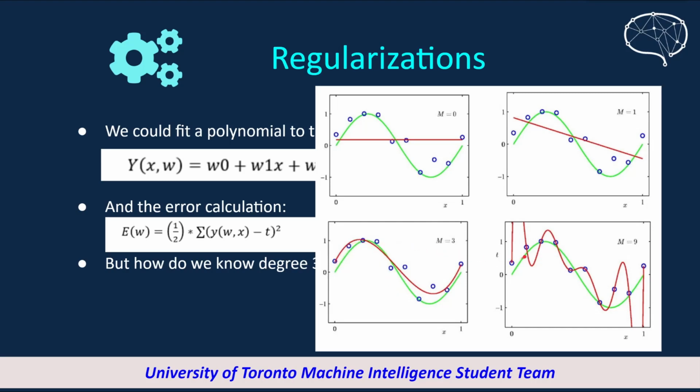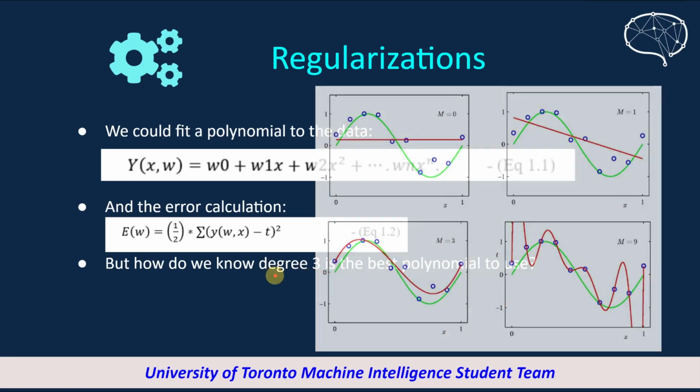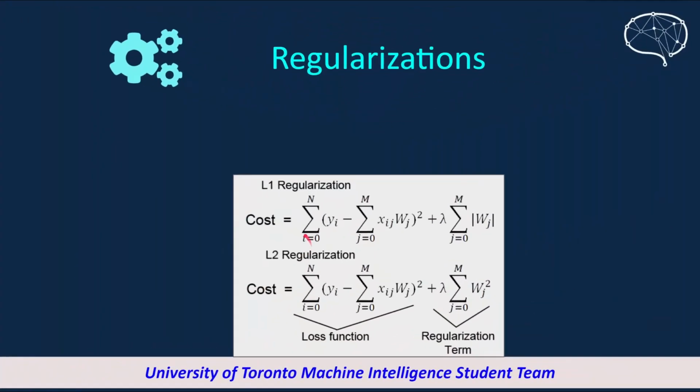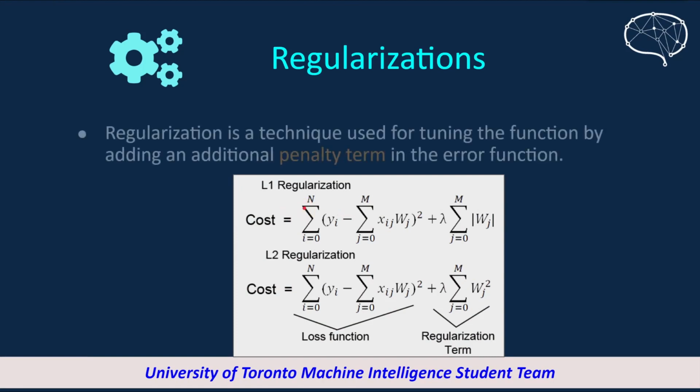So how do you minimize the coefficients for the terms of degrees from 4 to 9, and make the model simple, but not as simple as the 0th degree or the 1st degree? Those models are just too simple. But how do you do that? The technique here is that we could add another term to the cost function.